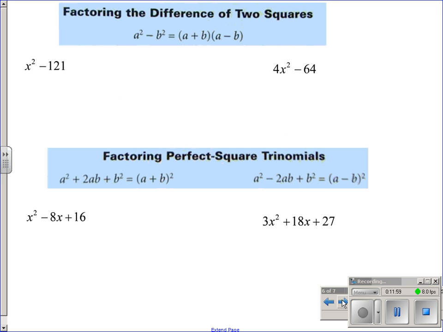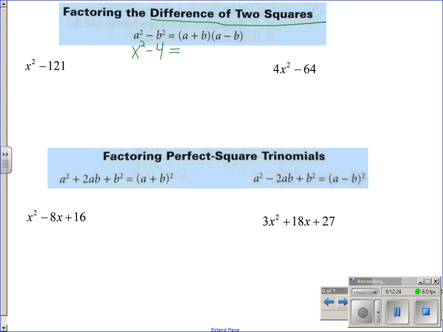So, like I mentioned in the first slide, there are some specific patterns. Okay, this one is called difference of two squares. Basically, a basic example would look like, well, the first example here, x squared minus 4. Okay, x squared is a quantity squared, 4 is a number squared.